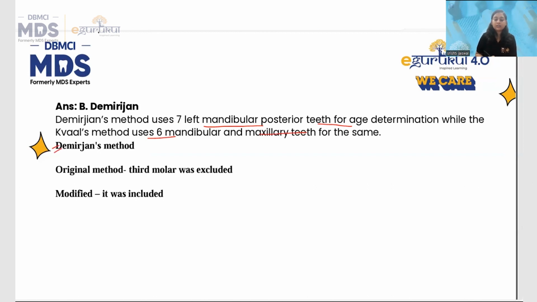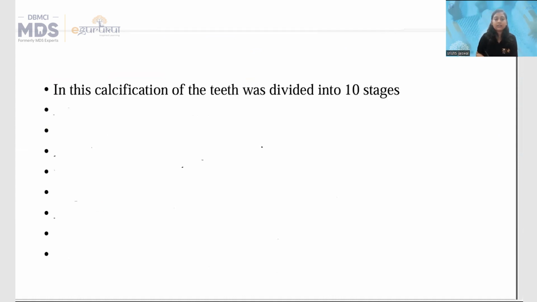Now, Demirjian's method, originally the third molar was excluded. Very important question. In the original method the third molar was excluded, but in the modified it is included. Now, the important point associated with this is that in Demirjian's method, the calcification of the teeth was divided into 10 stages, that is from 0 to 9.